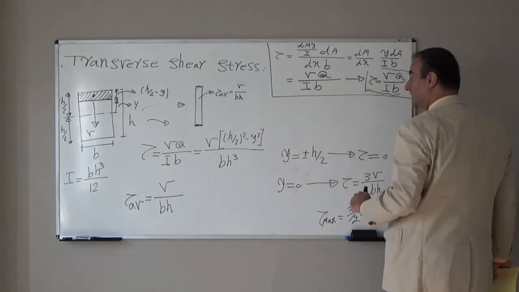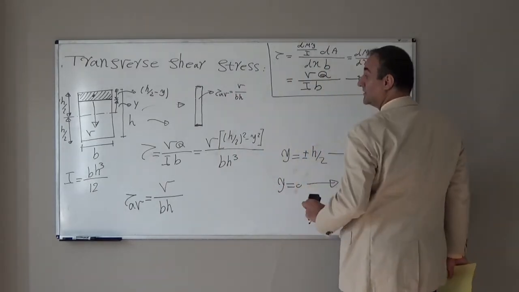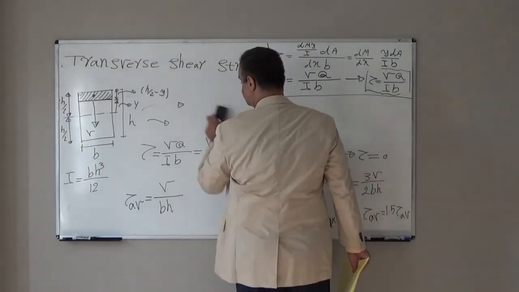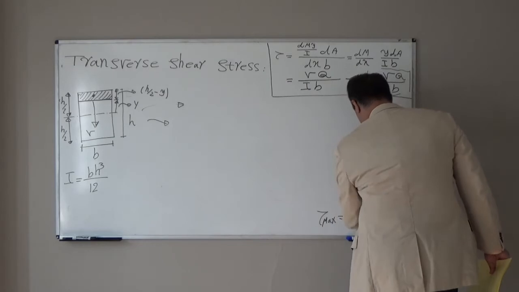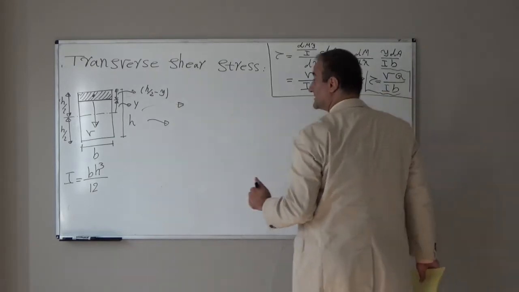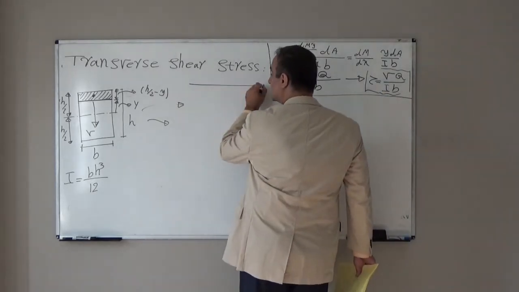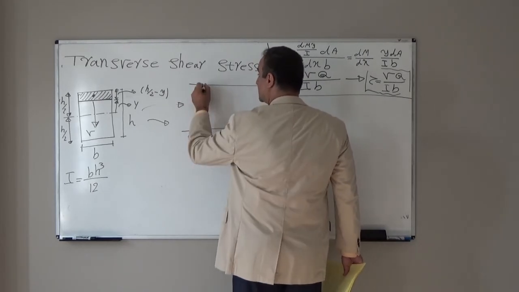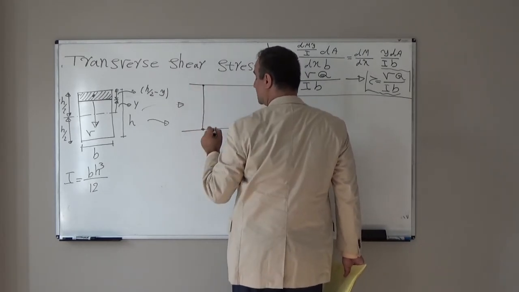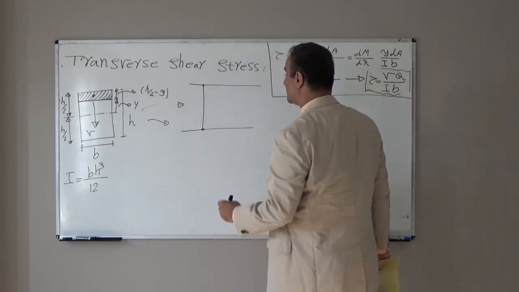But if I want to show the real distribution with height in this graph, at the top side and bottom side it will be 0.